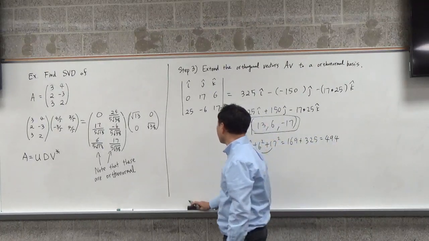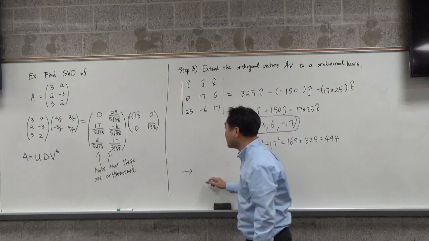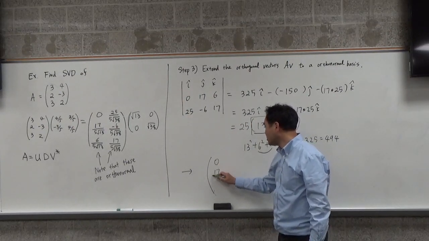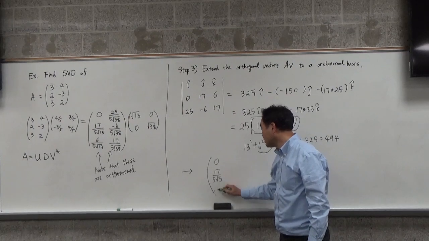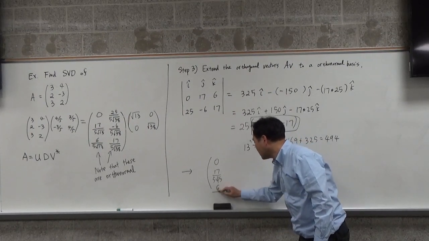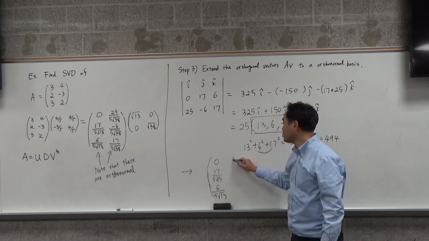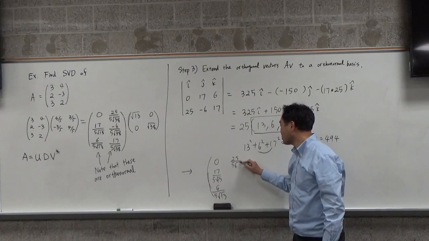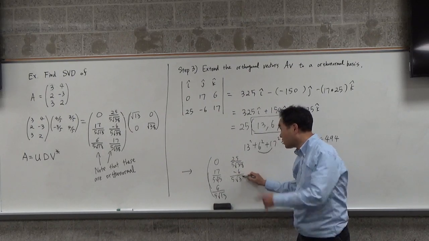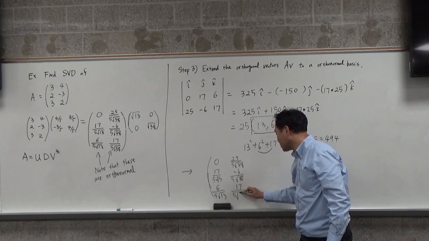So here's what I got. The conclusion of this is that if you build a matrix that's 0, 17 over 5 radical 13, 6 over 5 radical 13, and then 25 over 5 radical 38, negative 6 over 5 radical 38, I'm just copying that vector here, 17 over 5 radical 38.